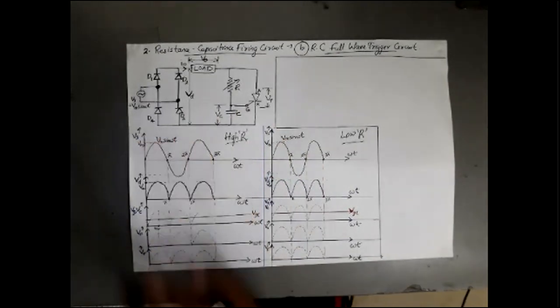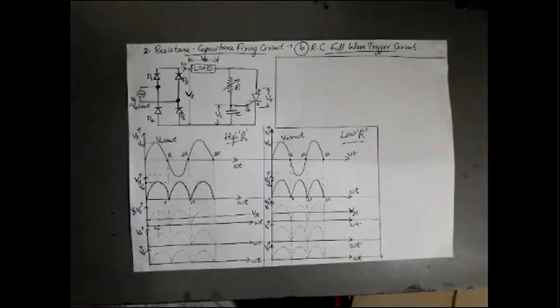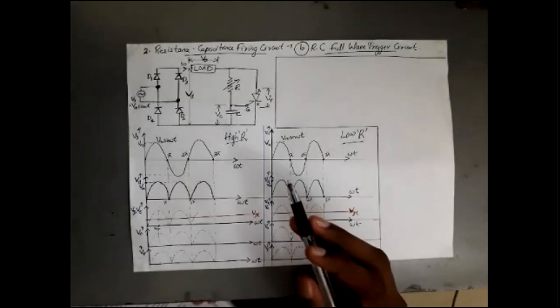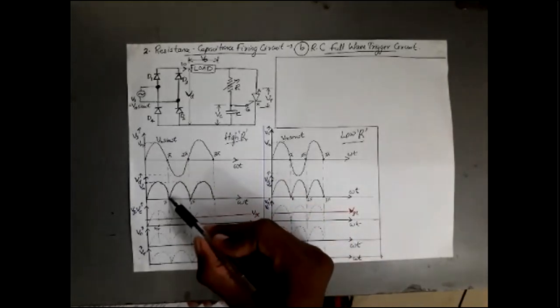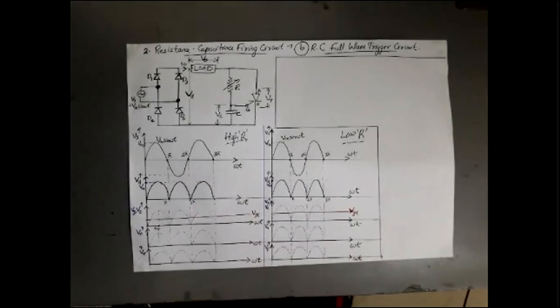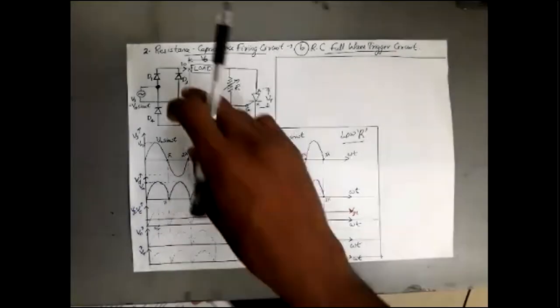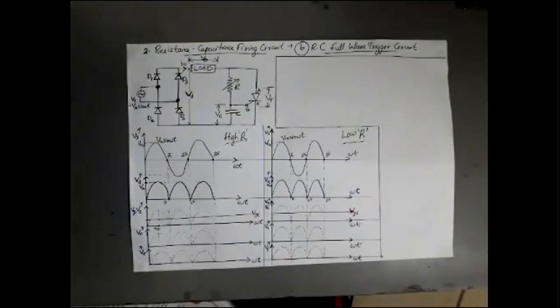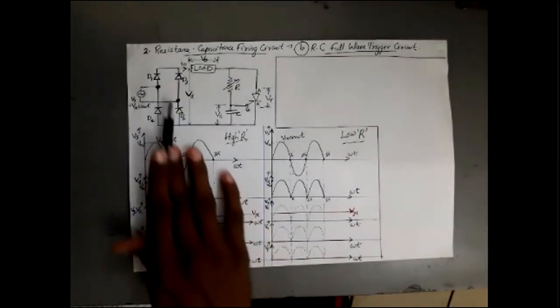Even in the negative half cycle, we get a rectified output from pi to 2 pi. Hence we get a full wave rectified output Vd across my full wave rectifier. This Vd is applied across my thyristor. As I said earlier, during the positive half cycle, a very small current will be flowing.